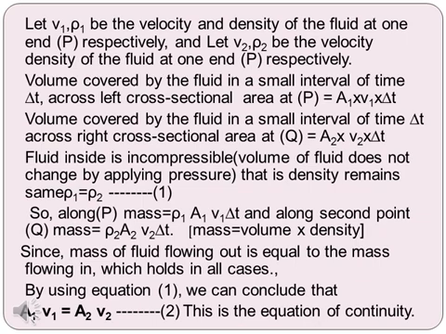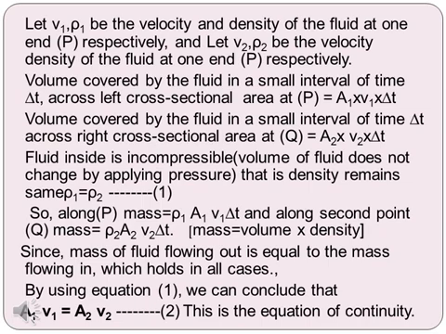Similarly, the volume covered by the fluid in a small interval of time delta t across the right cross-sectional area at the point Q is equal to a2 into v2 into delta t.